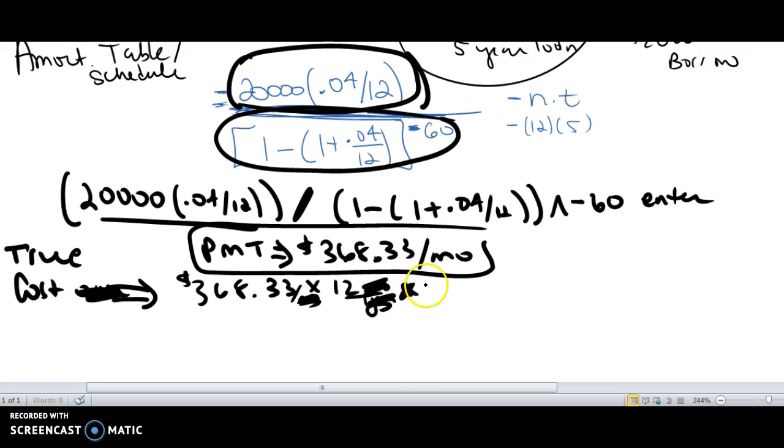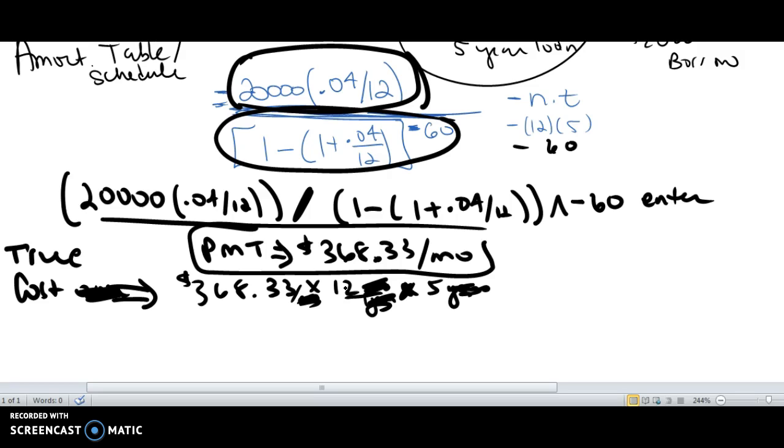So let's see, how many years is this loan? For 5 years. Okay, so then we get our total money. Now, the other option you could do is just multiply by 60, because do you see the 60 up here? That tells you how many payments you're going to have. So over that 5 years, 12 months, that's 60. So if you wanted to just take this number times 60 payments, that would do the same thing.